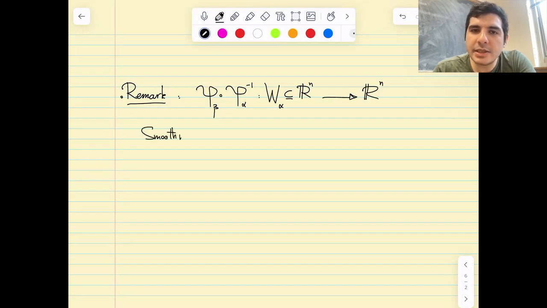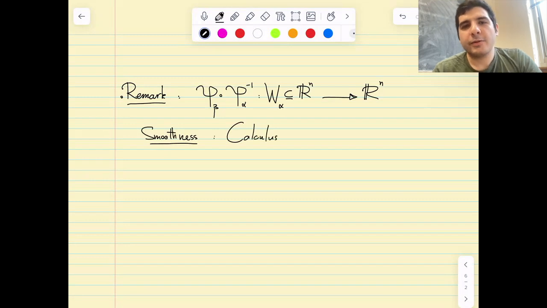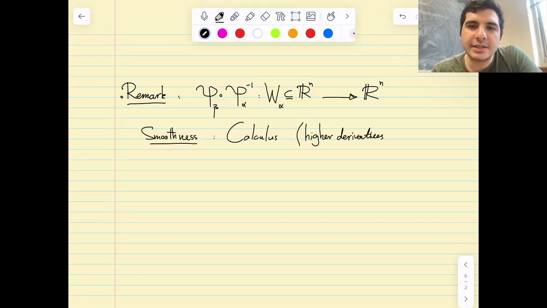And we know what it means for a map from an open subset of Rn to Rn to be smooth. Smoothness makes sense exactly in the same sense as we learned it in calculus. We would say a map from Rn to Rm is smooth if it has all the higher derivatives, all the derivatives exist. So we know what it means for these maps to be smooth.